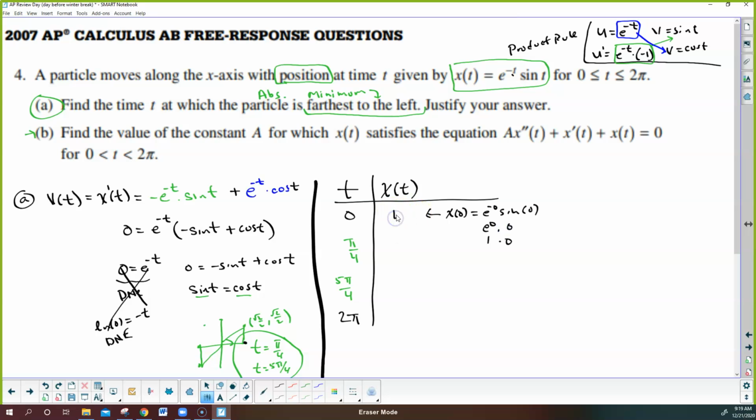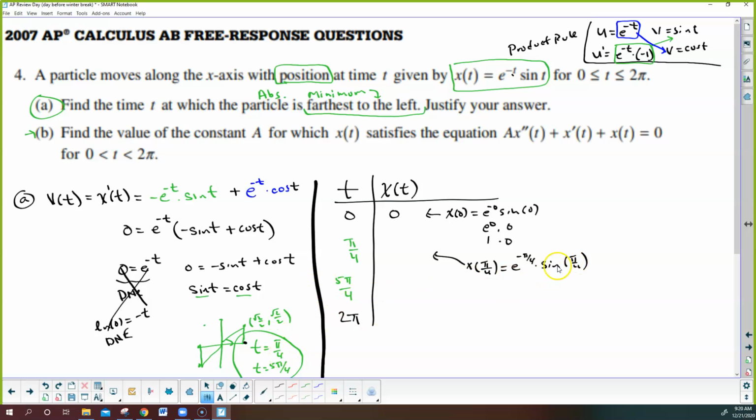So this whole thing is 0. And by the way, you don't get any extra points for showing this work right here. So if you can do it in your head, do it. If not, then we got to kind of set some things up.